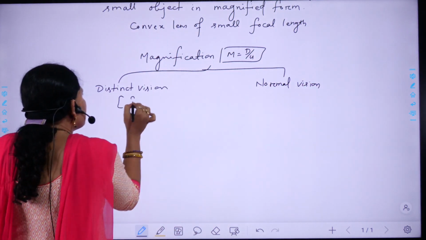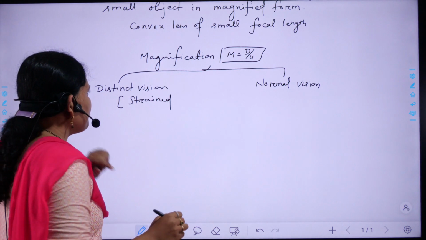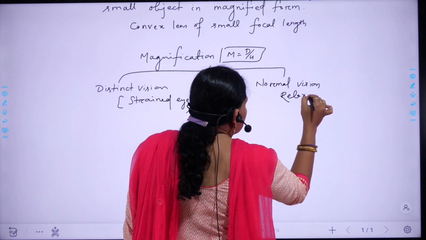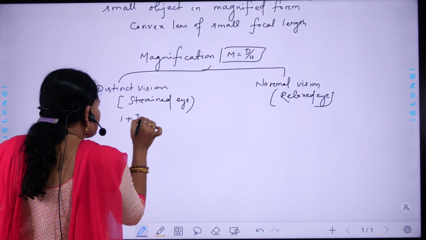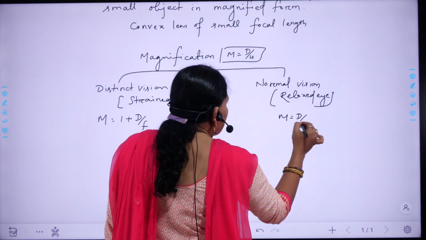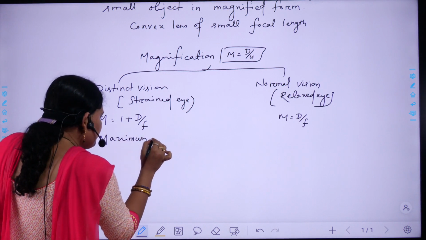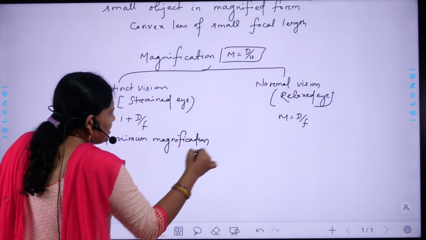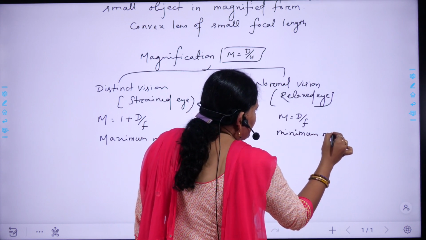In the question you can also get it as the strained eye, that means you have to put this condition. This is for the relaxed eye. Here the magnification formula is 1 plus d by f, and here the magnification formula is simply d by f. Here you get maximum magnification, and here you will get minimum magnification.